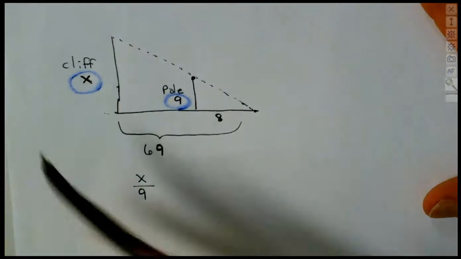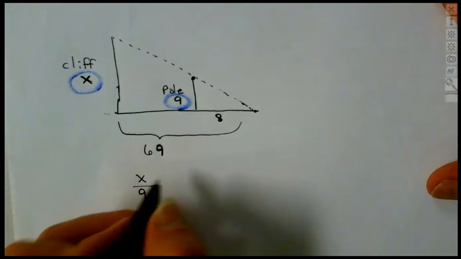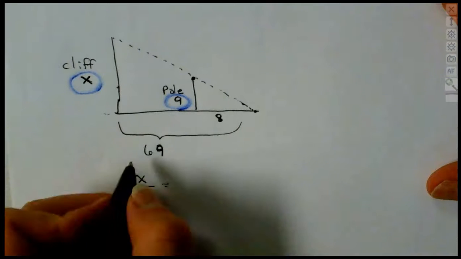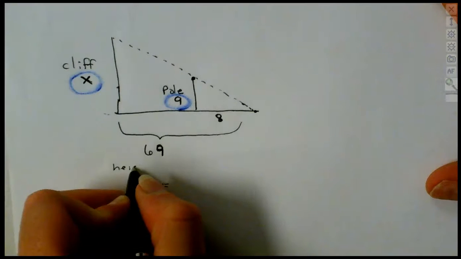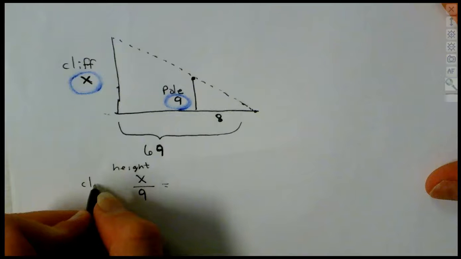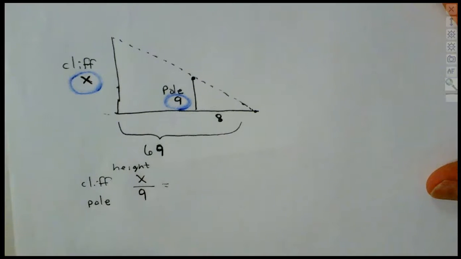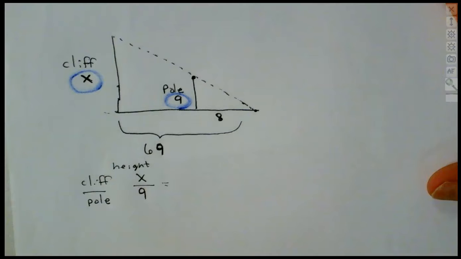So that's our ratio there. Now, what do we know about the length? So this is the heights. And this is the cliff here. This is the pole down below. Okay, so that's how we're going to set up a ratio, the cliff over the pole.